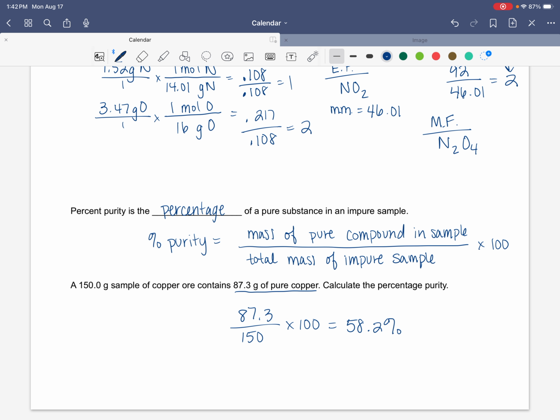Okay, for this one, I did include sig figs, so I had 3 sig figs in my answer, because if we look back, this has 4 sig figs, this has 3 sig figs, and we always go based off of whichever one has the least number of sig figs. So this one has 3, so my answer has 3.